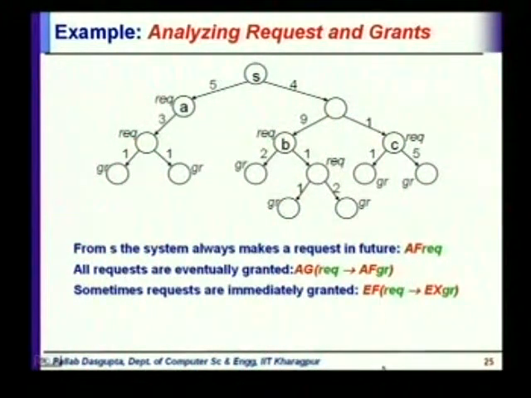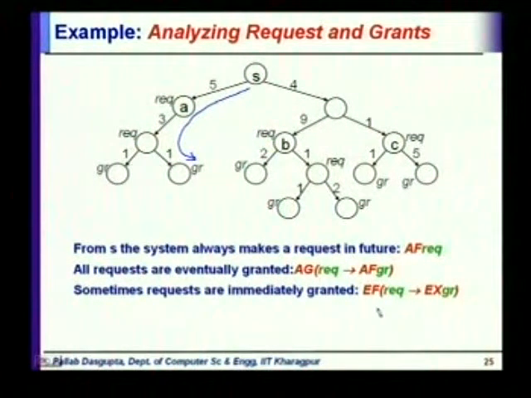Sometimes requests are immediately granted. There exists some path in the future where request is followed by the grant in the next state. Is this true here? Yes, and an example is this path, right?